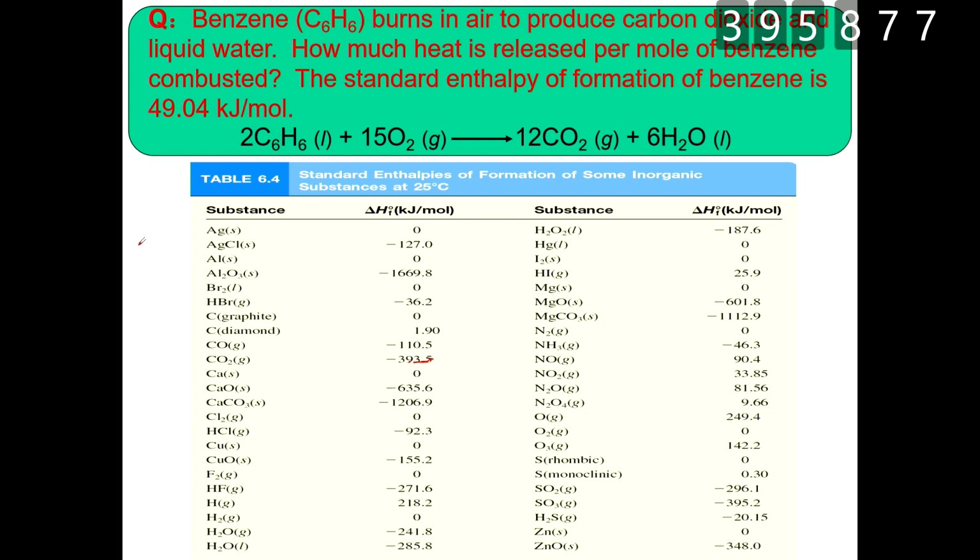Oxygen is 0. Then water. Water is liquid or gas? Liquid, yes.